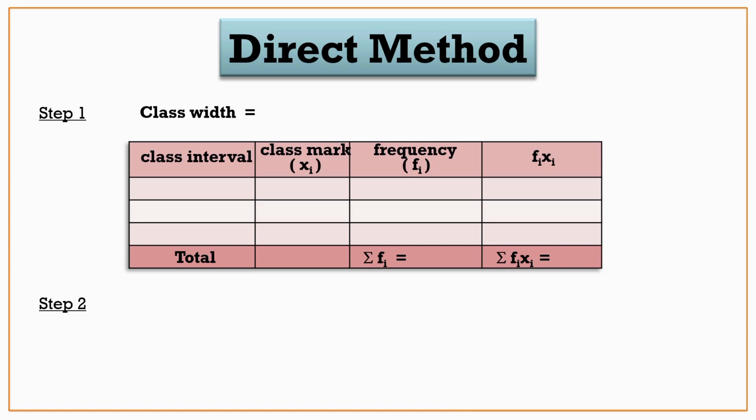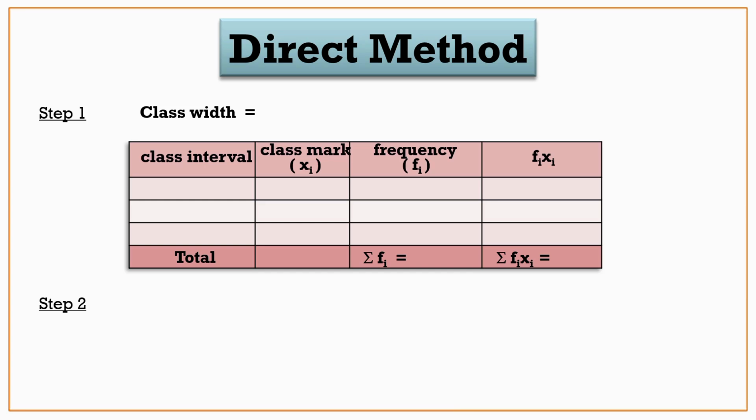Then finally, we have to get the total frequency just by adding all the frequencies together from the frequency column. Similarly, we also have the summation symbol, the E-type symbol that is given. The summation of fi means adding all the fi's.